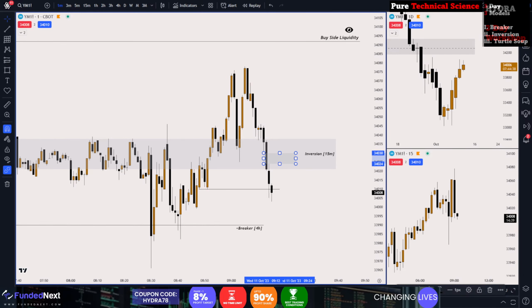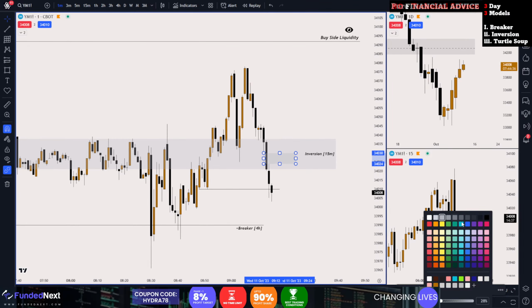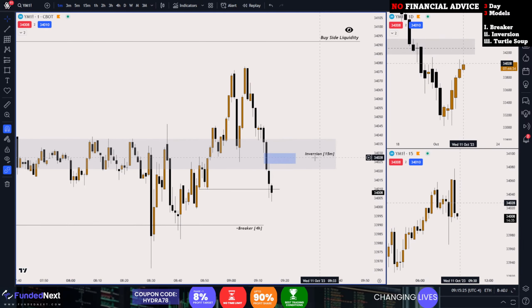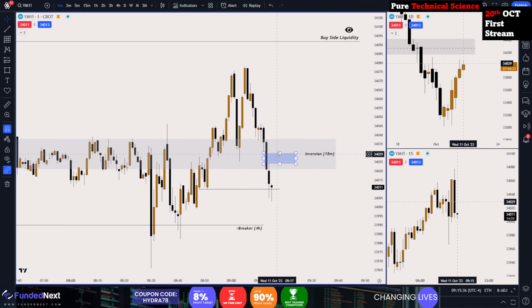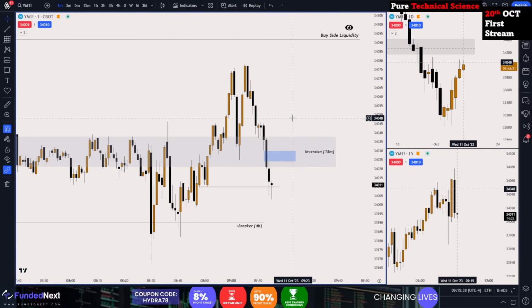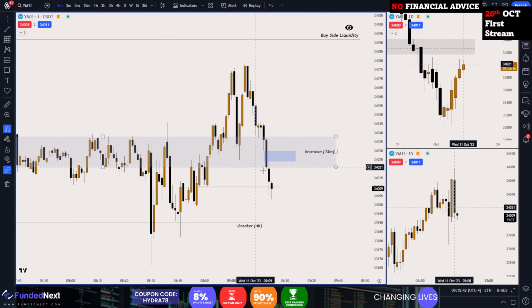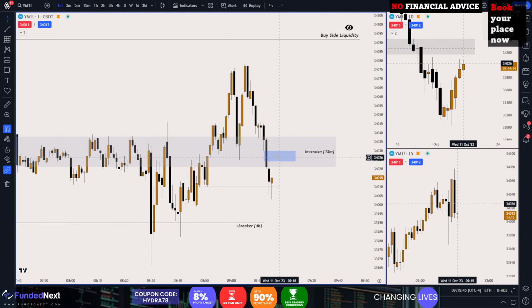Because it's aligned with this inversion from the 50-minute chart, plus it's also working with breaker here, higher high, new higher high. So these down close candles are becoming breaker. So breaker with a fair value gap, we know that that's a pattern that puts odds in our favor, right? So I'll wait and see what price does.